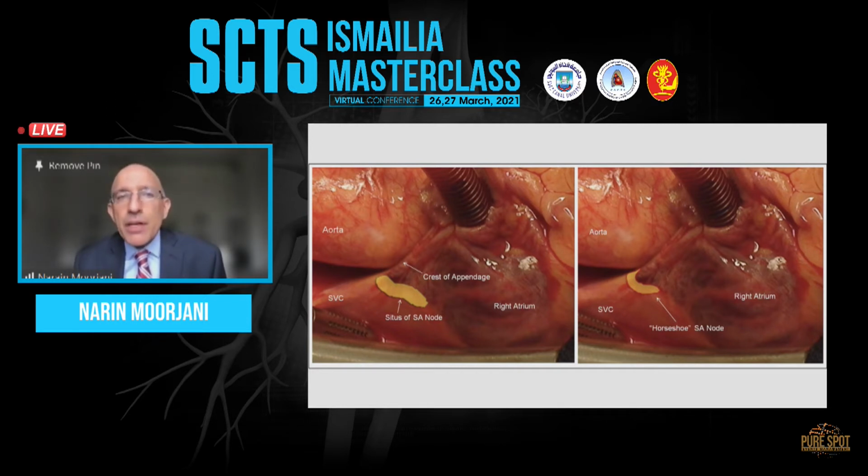This is where sometimes either the node or the sinoatrial artery, if it is from a right dominant system, can be found and damaged or injured during this surgery. So it's again important to understand the anatomical location of these structures.